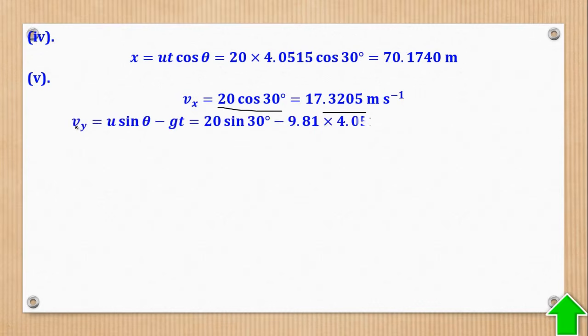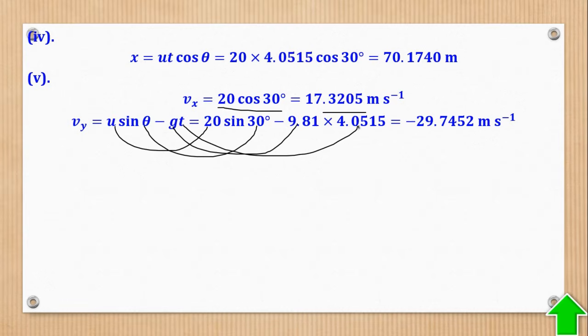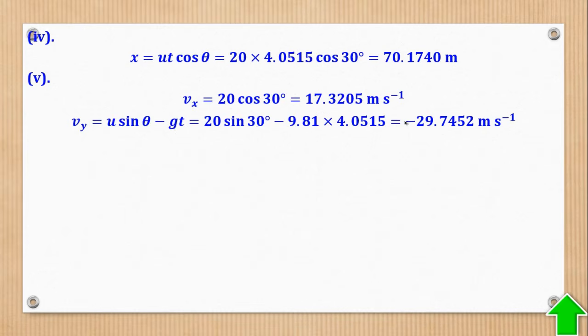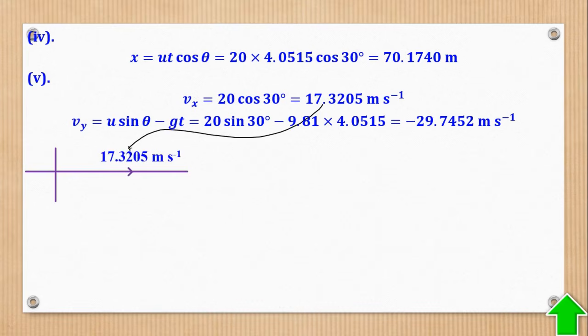Then Vy changes with time, so it is u sine theta minus g t. So u, theta, g, and t give you, this time, a negative. Then from there we shall remember the sign convention. Positive horizontal is to the right, which is this. The negative vertical is downwards, which is this.